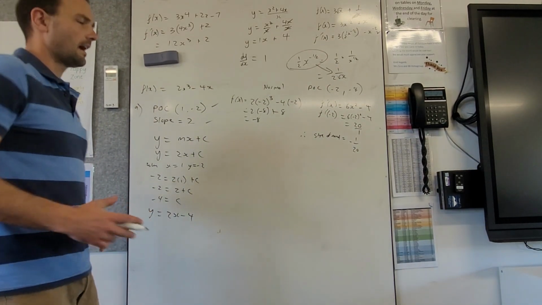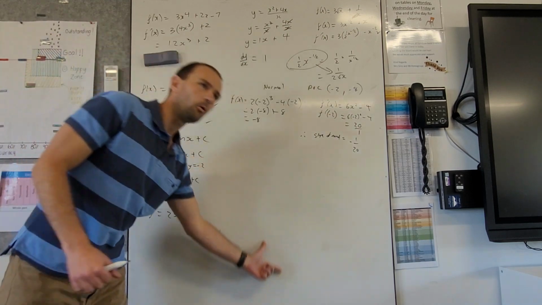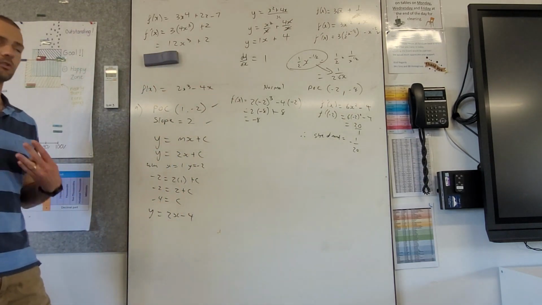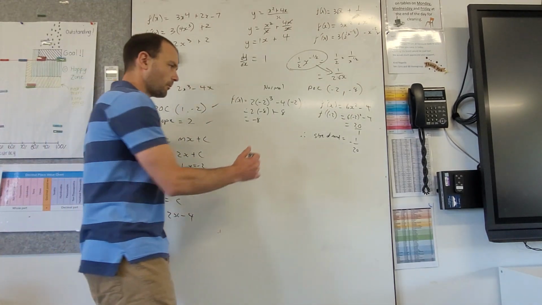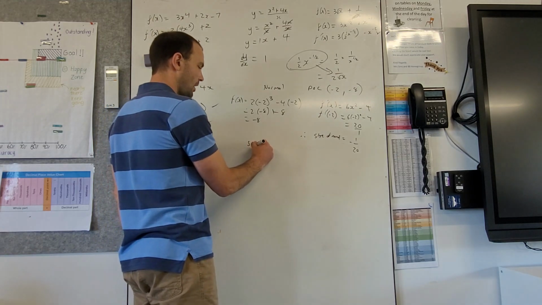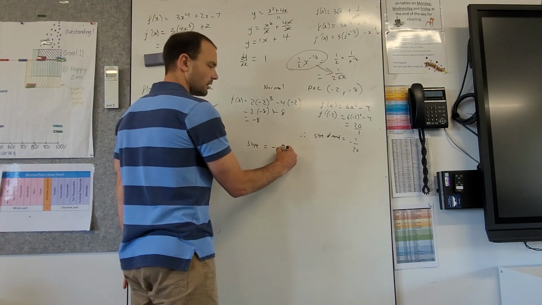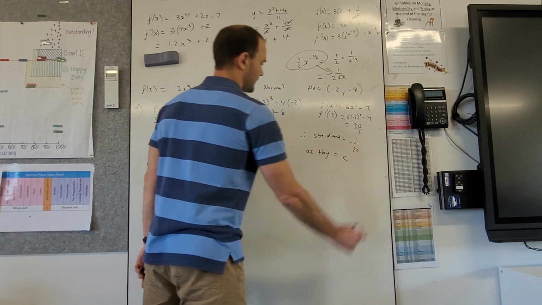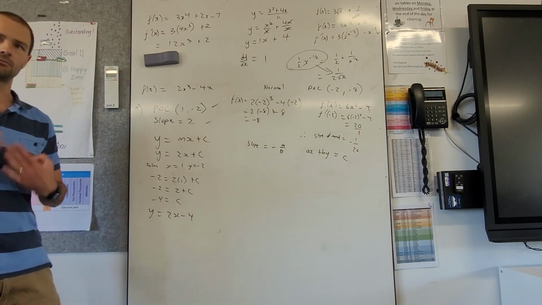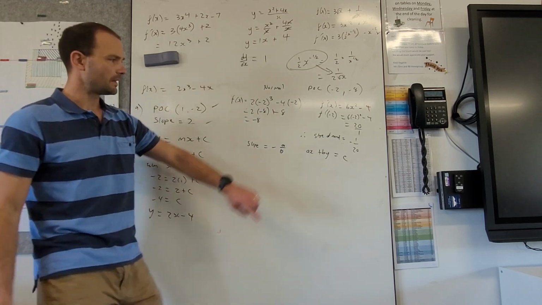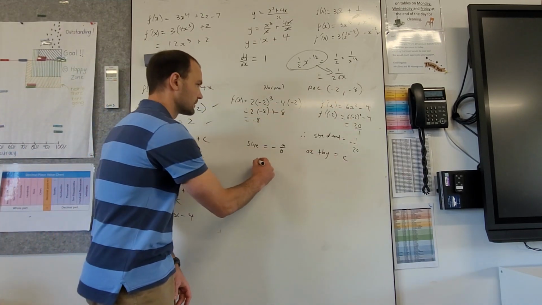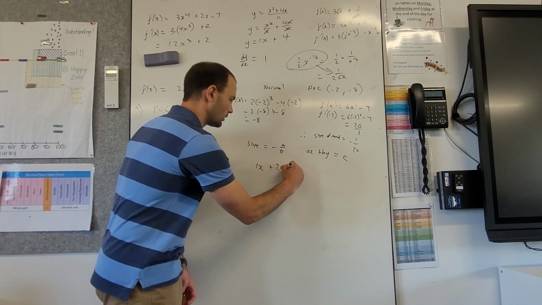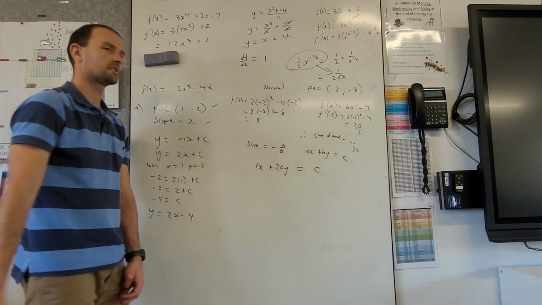Okay, now you can do it in y-intercept form if you want to. Let's go ahead and do the general form process. If we have a slope of minus a on b, then we would write ax plus by equals c. So that's how we're going to write it in general form. That means we've got one lot of x plus 20 lots of y equals c.